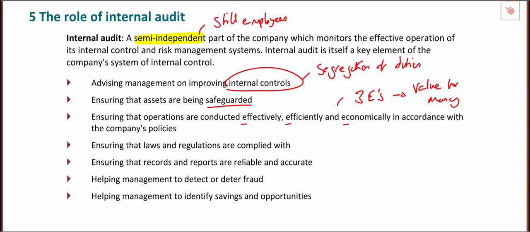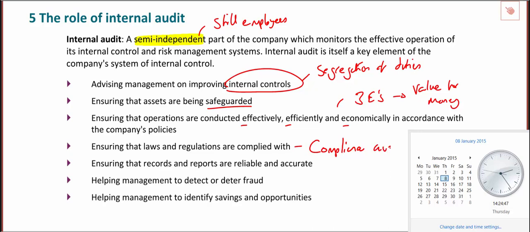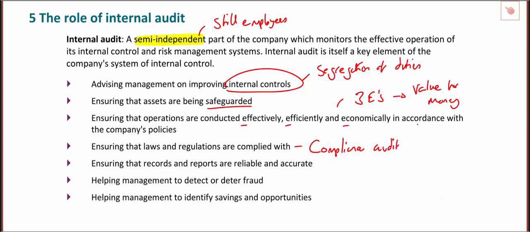Ensuring that laws and regulations are complied with, so you'll often have a compliance audit that internal audit will carry out, and they will go through the business's requirements and they'll check which regulations are applicable, and they'll ensure that they're within those regulations. Ensure that records and reports are reliable and accurate. Help management detect or deter fraud. So just having an internal audit department will deter fraud, and helping management to identify savings and opportunities. Again, that links heavily back to my value for money audits.